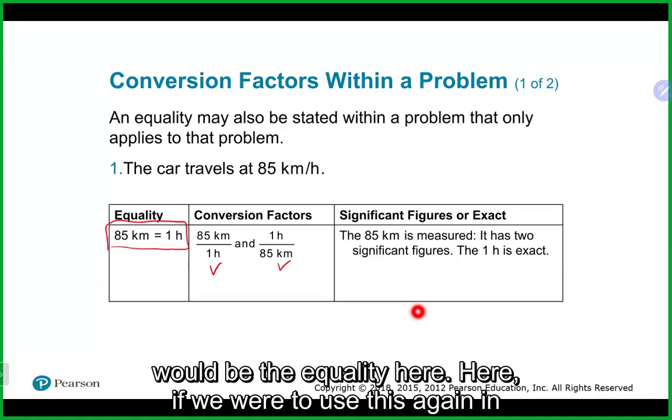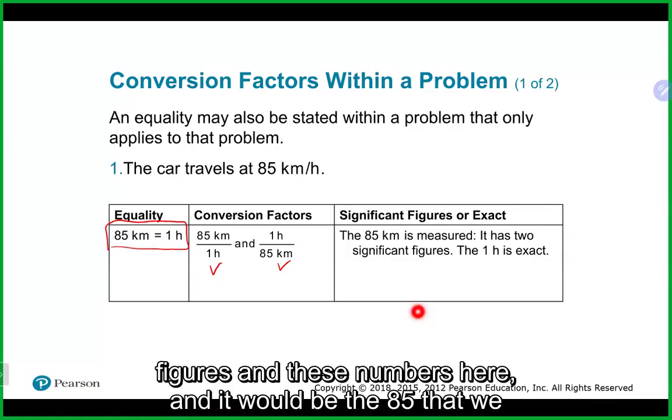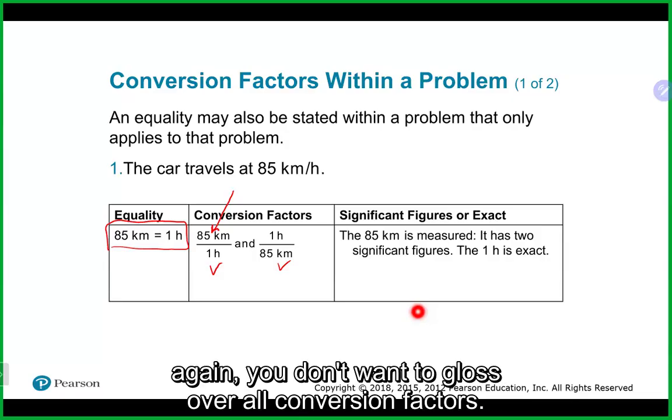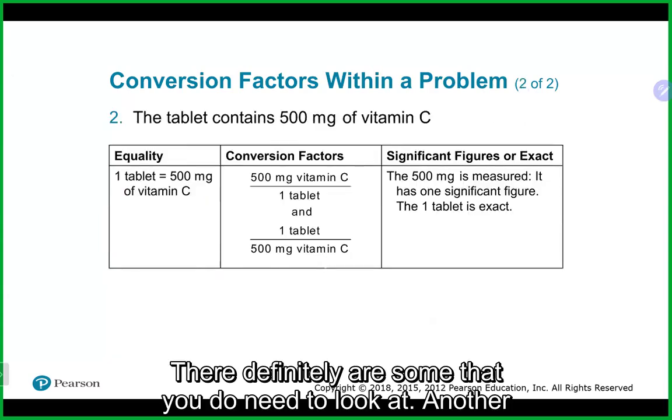If we were to use this in an actual problem, we would need to look up the significant figures in these numbers, and it would be the 85 that we would look at, and it would have two significant figures. So again, you don't want to gloss over all conversion factors. There definitely are some that you do need to look at.